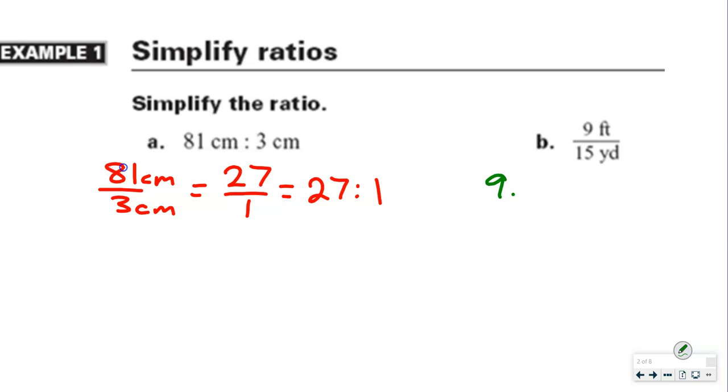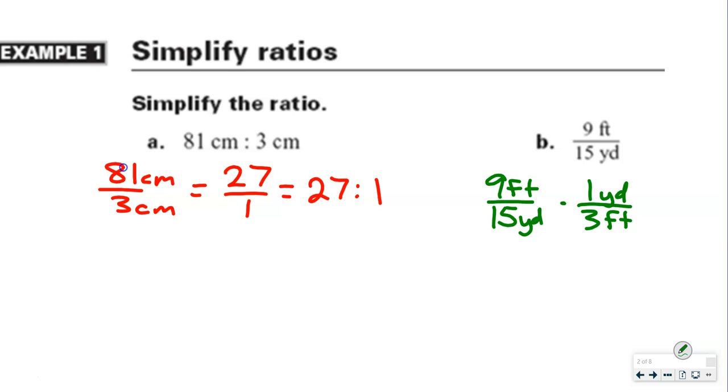So if I've got 9 feet over 15 yards, and I want to be able to use the same unit, I could say 1 yard is 3 feet, right? And then notice I have my feet on the bottom, which is opposite from where feet are on our original ratio. We couldn't have feet on the top there. We needed it on the bottom to be able to do the conversion.